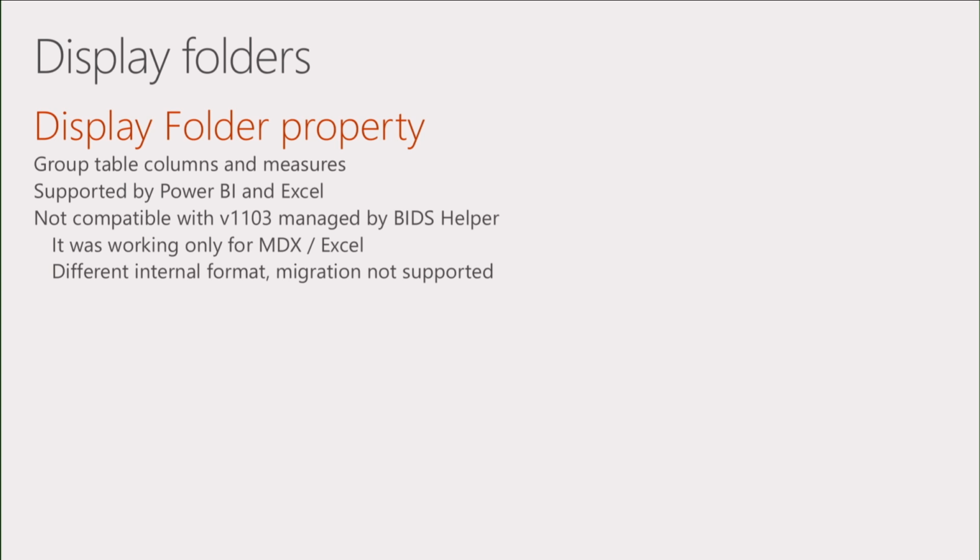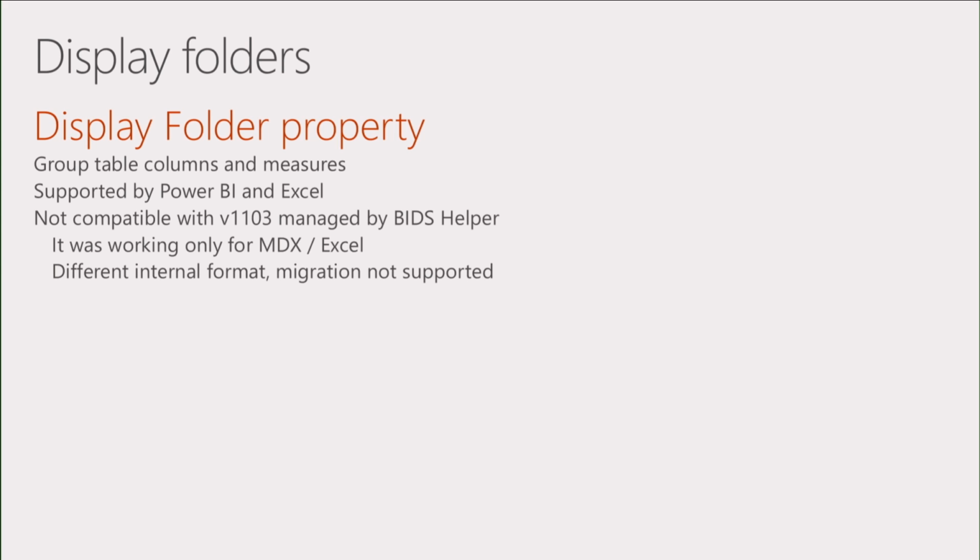So one issue is that if you used this feature in the past with BIDS Helper, when you migrate your model to 2016, you will lose the settings that you made to the display folders, and you have to define them again. Unfortunately, the internal format is different, and the migration is not supported for that.